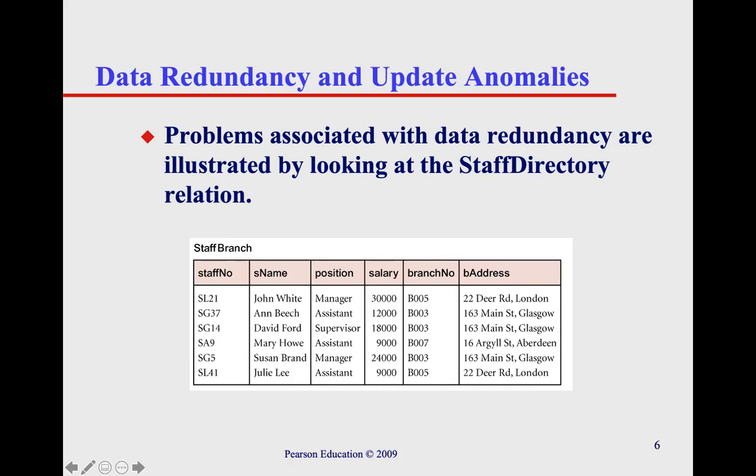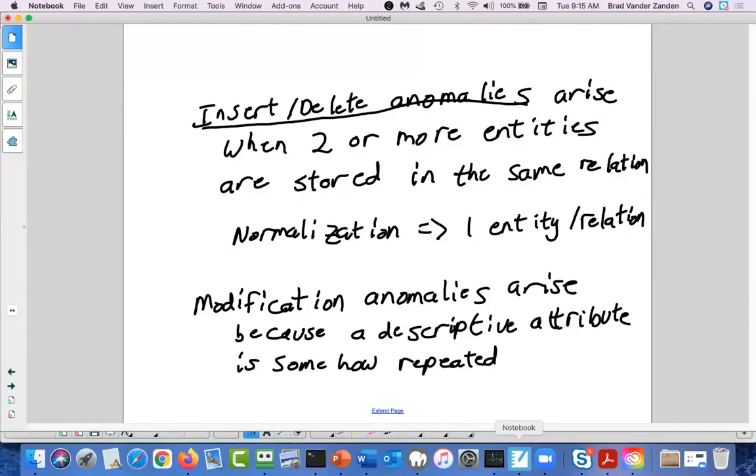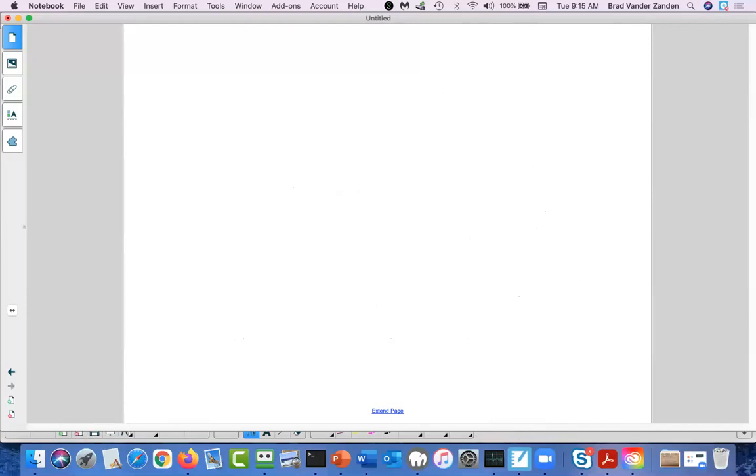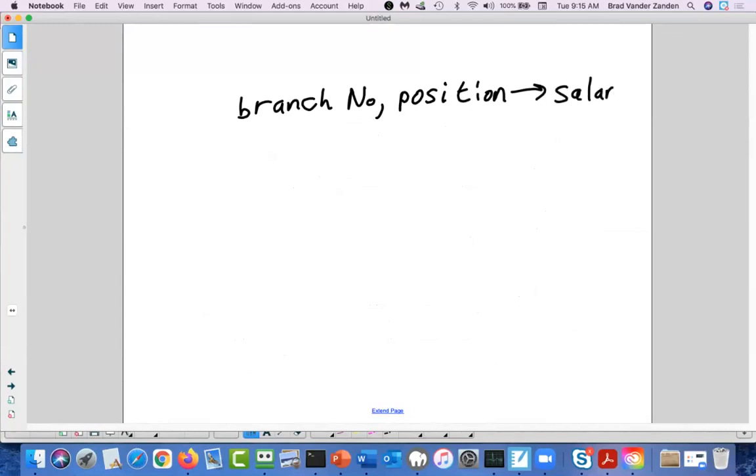So for example, branch 5, all managers might make 30,000, in which case we would have a functional dependency that said that the branch number and the position would determine the salary. So we are interested in trying to identify these functional dependencies.